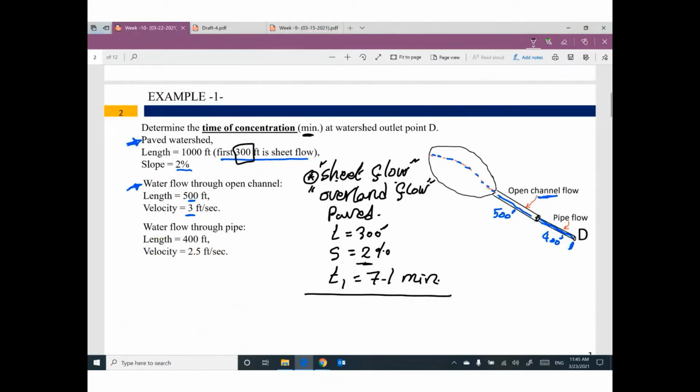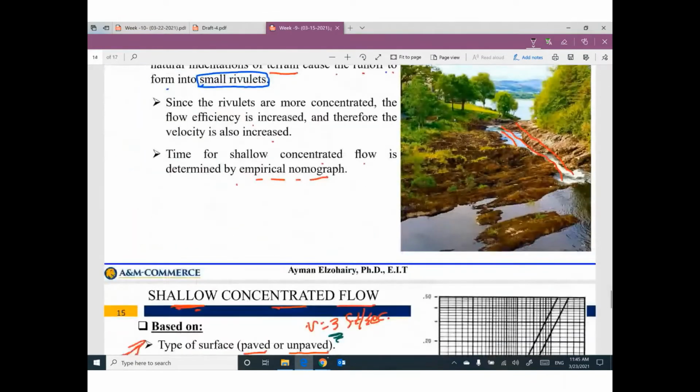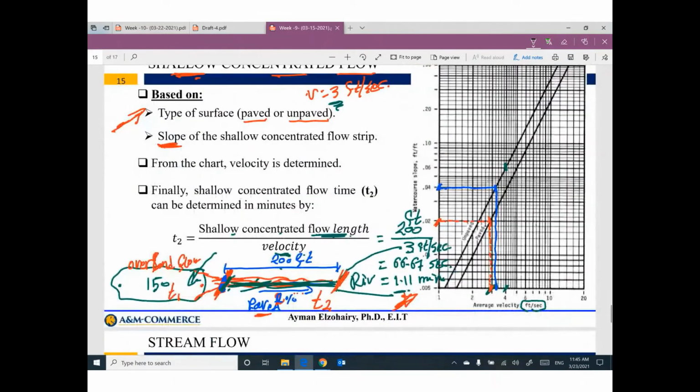The second flow will be through open channel flow. For the second one, we need to use this chart, with slope and the type of surface, to figure out the velocity. Once you get the velocity, you can get the time T2 by length divided by velocity.